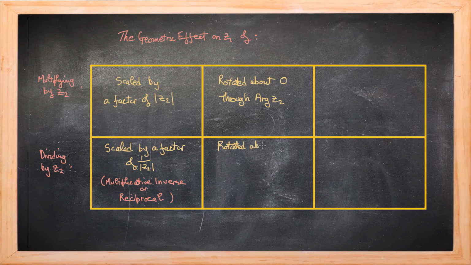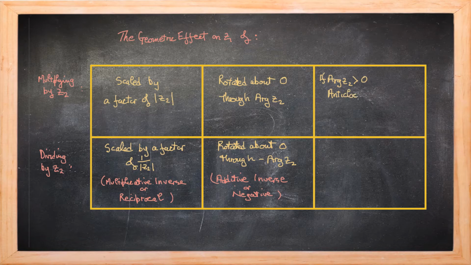And if we divide by z2, it'll be rotated about O through the negative of the principal value of the argument of z2. That's the additive inverse. Now, two situations arise in each case. Suppose the argument of z2 is positive and we're multiplying by it. That's a positive rotation. It'll be in an anti-clockwise direction.